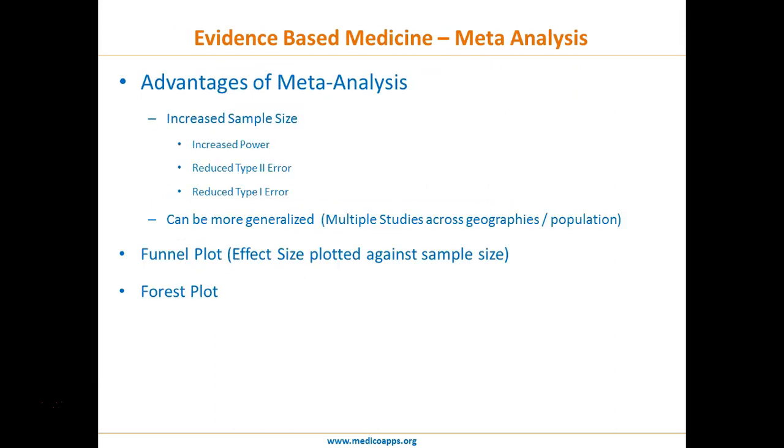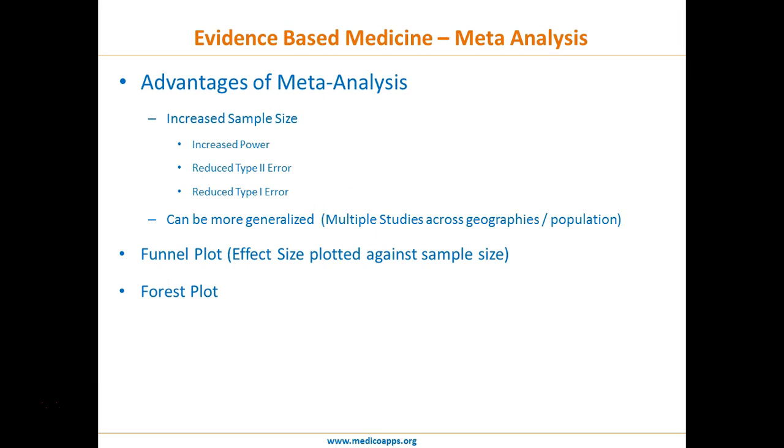Now meta-analysis is where you actually take just the data. So we do a meta-analysis in systemic review also, and what happens is we take different studies, like say effect of statins on cholesterol. So there will be a lot of different studies on that. When we combine all those studies, the sample size increases, so it increases the power of the analysis and also reduces the type 1 and the type 2 error.